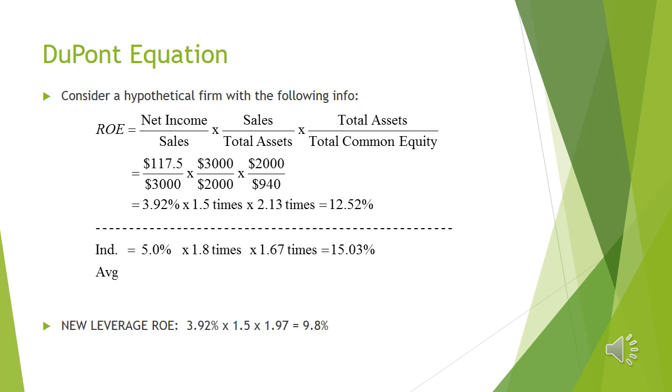You can look at the numbers and see that its profit margin is below average, 3.92% versus 5% for the industry average, and this could indicate that its costs are not being controlled as well as they can be. It can also indicate that it cannot charge premium prices for its products because there could be a potential problem in the product and the quality, or whatever the case is.